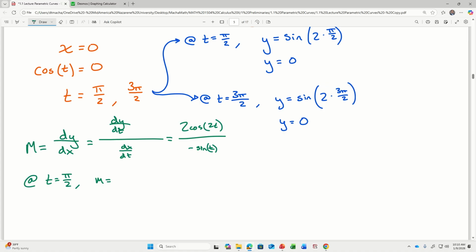So it's negative 2 divided by negative sine of pi over 2. Sine of pi over 2 is 1. So it's like negative 2 divided by negative 1. And the slope is 2. At the point where t is equal to 3 pi over 2, what's my slope going to be?